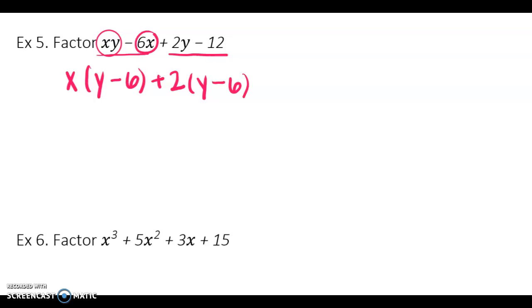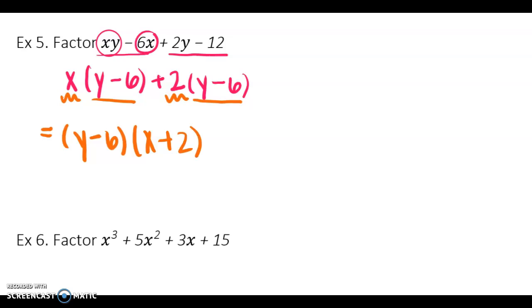Now, if you did this part correctly, you should see that you have the same thing in the parentheses. And that's what we're going to factor out. Whatever you factor out, remember we always write that in the front. And so what we're left with is x and 2. So x plus 2.